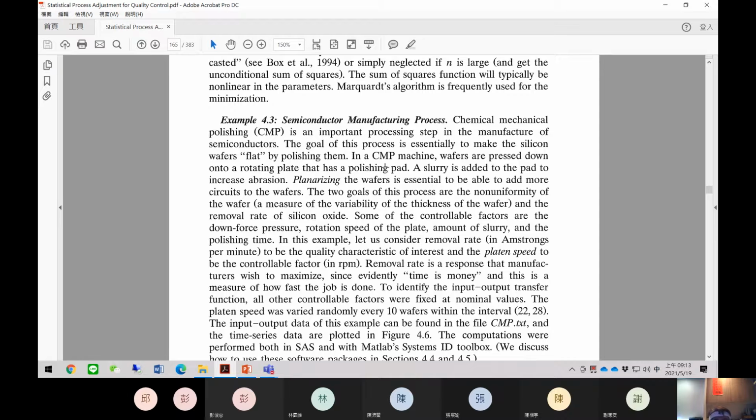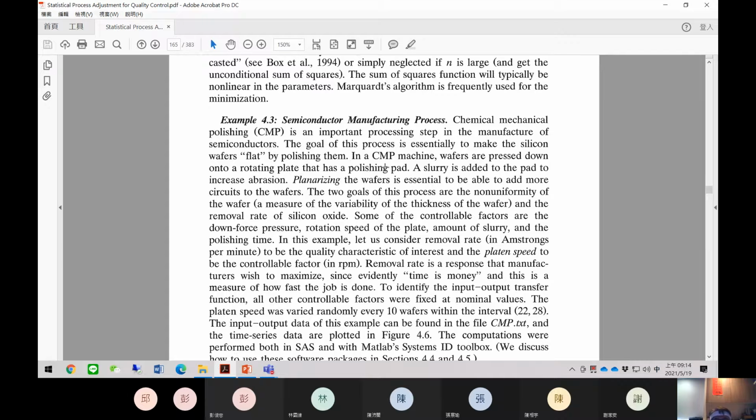So the two goals of this process are as follows. We have two folds. First one is the non-uniformity of the wafer. The process engineer is going to measure like 15 to 20 measurements, with positions all over the surface of the wafer. So it is a measure of the variability of the thickness of the wafer.